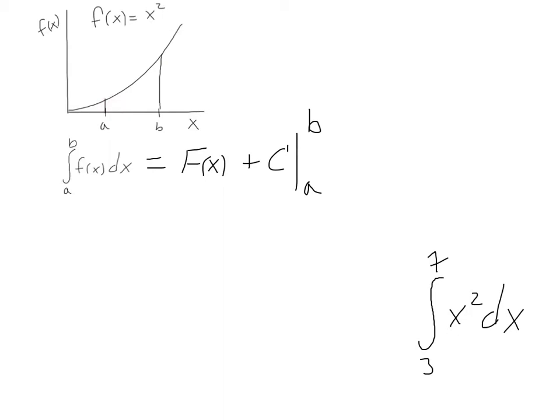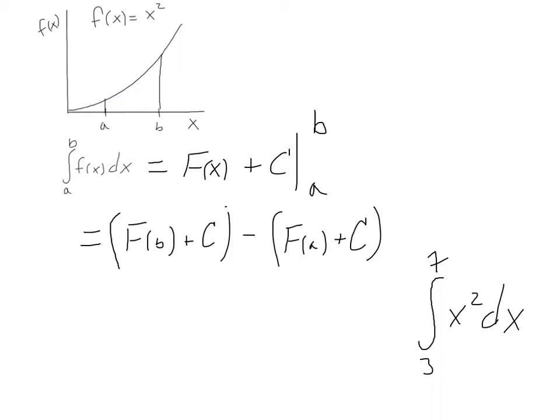So notice that if we take this whole area from 0 to b and subtract off the area from 0 to a, we'll have this middle area right here. And so what vertical bar notation means is we plug in the value b into our area equation here, and we plug in the value a into our area equation here, and we subtract them.